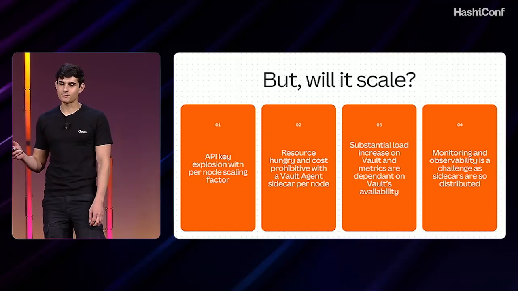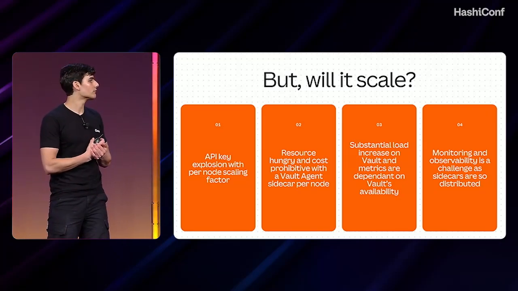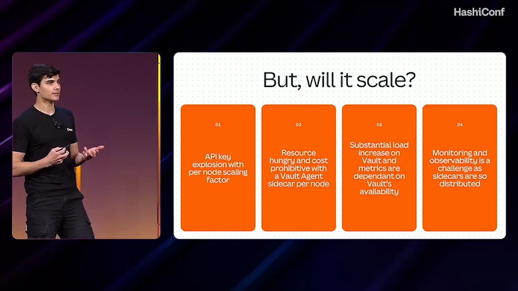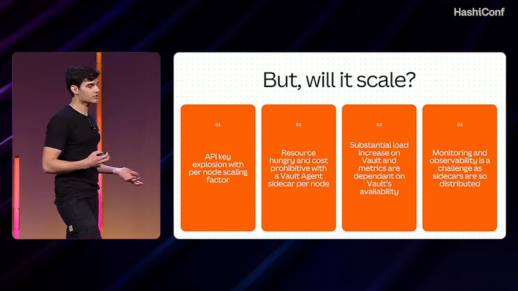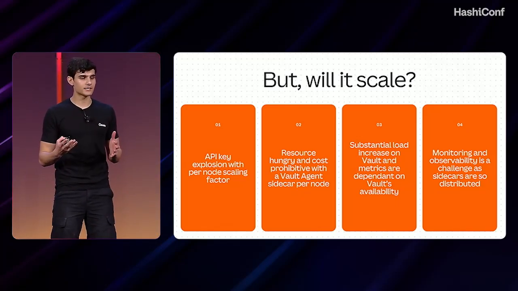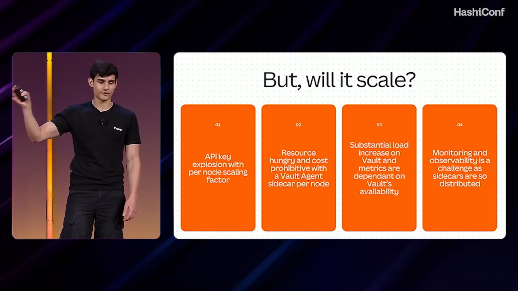Thirdly, this approach would result in quite a substantial load increase on Vault, and metrics would be dependent on Vault's availability. Whenever a cluster scaled, Vault would be hit with thousands of really expensive requests that it needs to talk out to Datadog to fulfill.